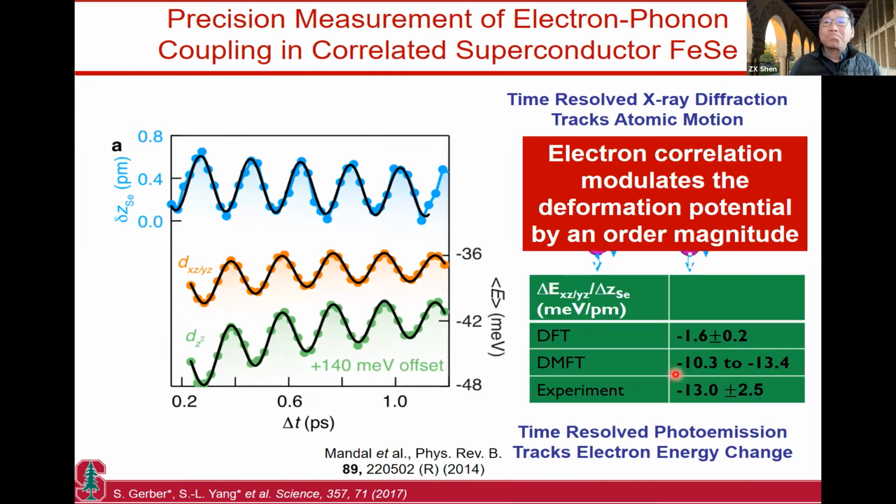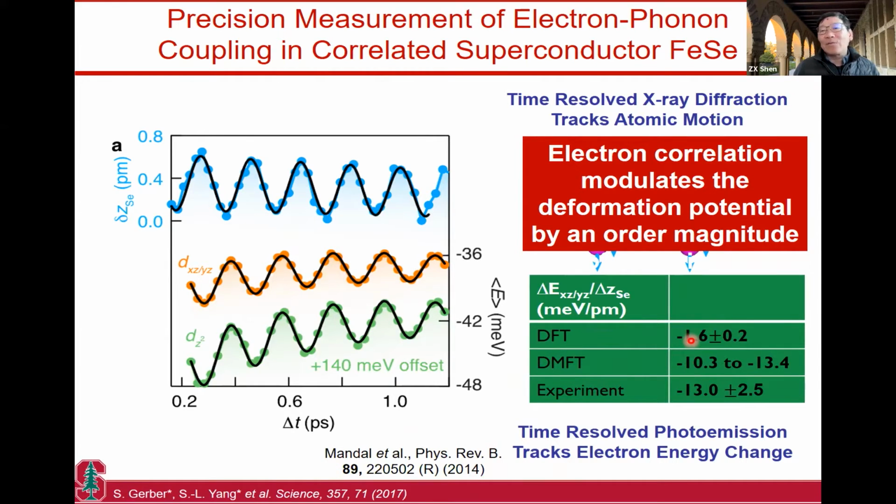Okay. So it turns out that the deformation potential in this system has been calculated, both by density functional theory, where the value is about 1.6, and by dynamical mean field theory, where the strong Coulomb correlation is more explicitly taken into account. This theory work was done before our experiment. And you can see that the experiment agrees with the dynamical mean field theory much better than the density functional theory.